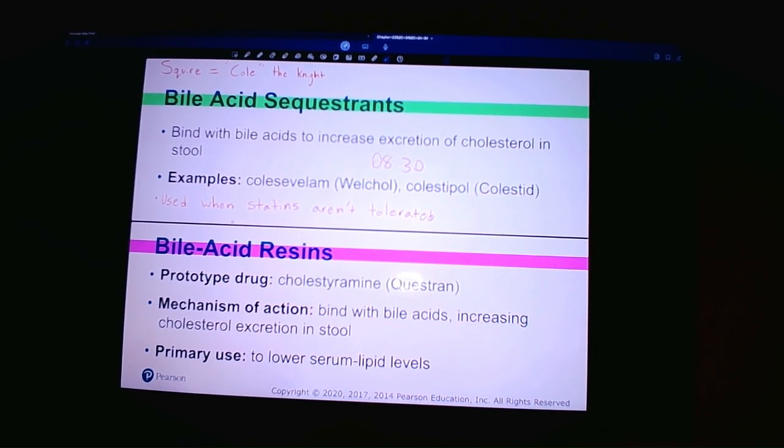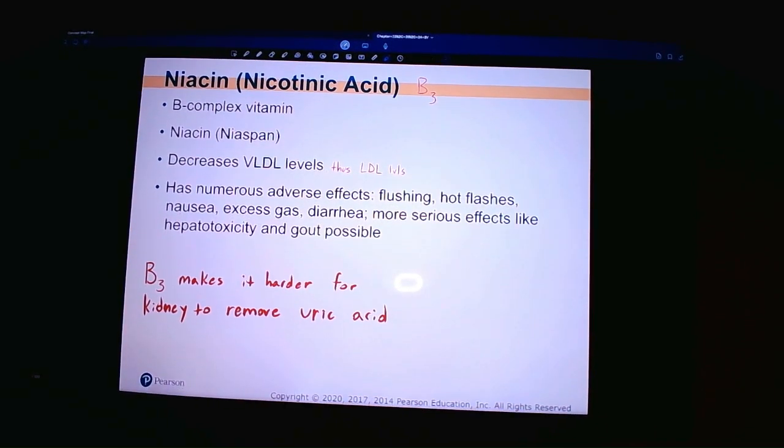They just stay in the GI tract, so they do more GI-related problems. But this niacin, the professor didn't fully explain 100% how it does it, but it generally does lower your VLDL, which I'm assuming has a lot to do with messing with your liver in some capacity. Just know that it lowers VLDL, and that's why the hepatotoxicity is possible.